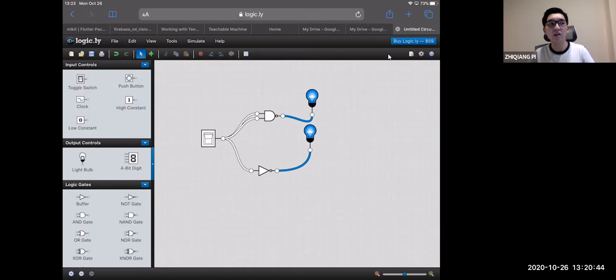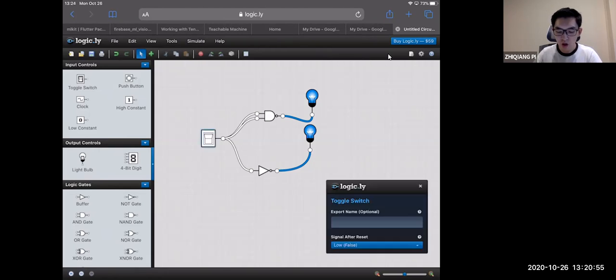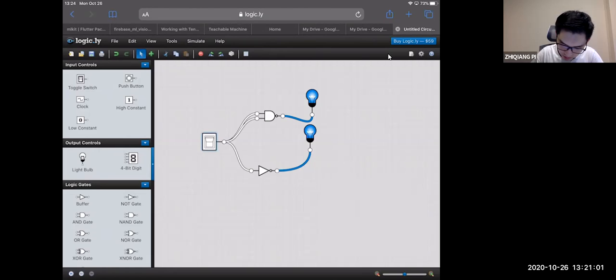Because the NAND gate is one when either input is zero, sorry, and it's only zero when both inputs are one. So if we toggle this on, we can see that both inputs to the NAND gate are one, and we get a result of zero, which is the same as the NOT gate.